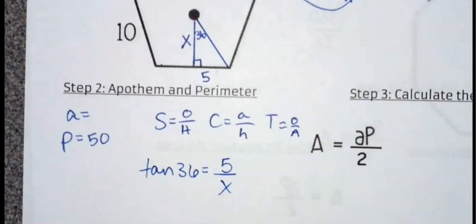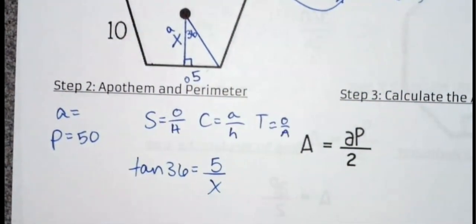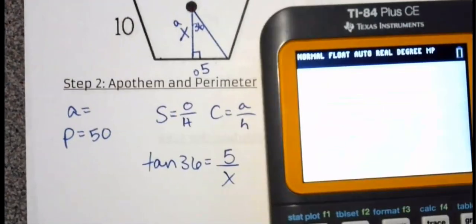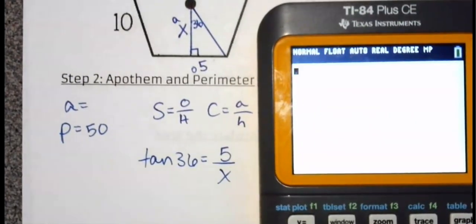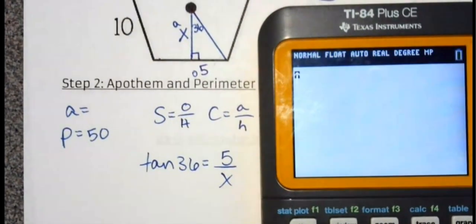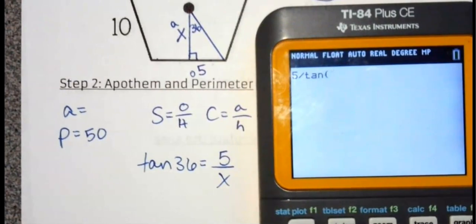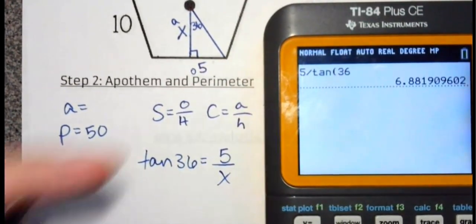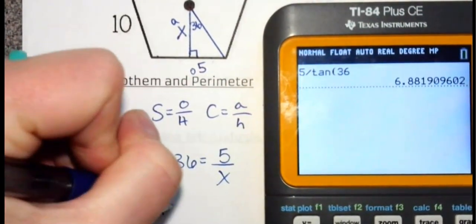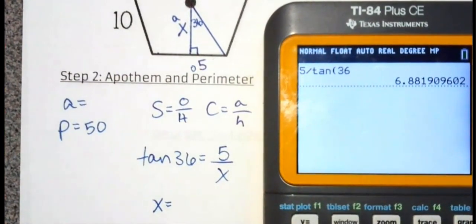Write that down real quick and then I'll talk about it a little bit. All right, and then x is on the bottom. Who remembers if we multiply or divide? Oh, good. Y'all remember, good. So we're going to do 5 divided by tangent of 36. Type that into your calculator real quick and make sure your calculator's on degree and you're getting that answer.